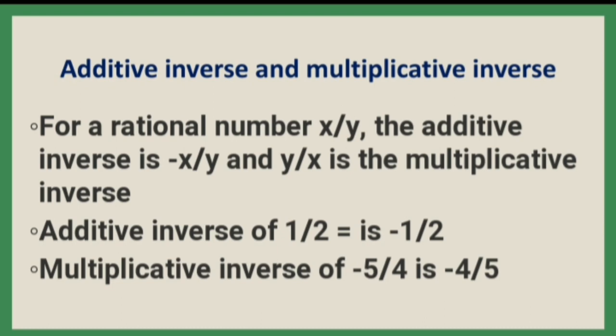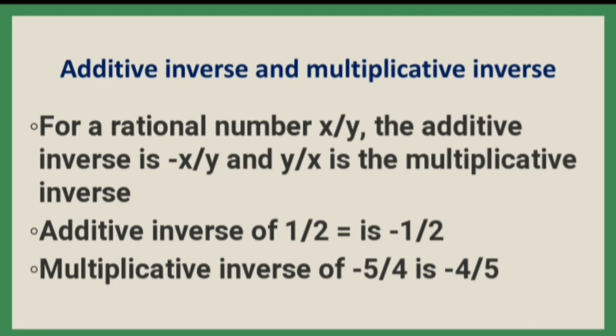One more time I am repeating: additive inverse means whatever is given, write the same thing with the opposite sign. 1 by 2 is given, we write minus 1 by 2 as the additive inverse.